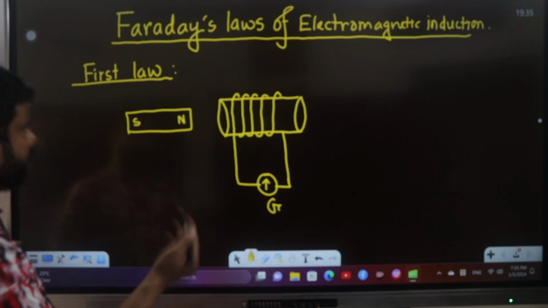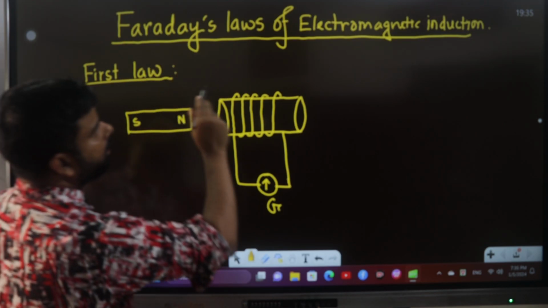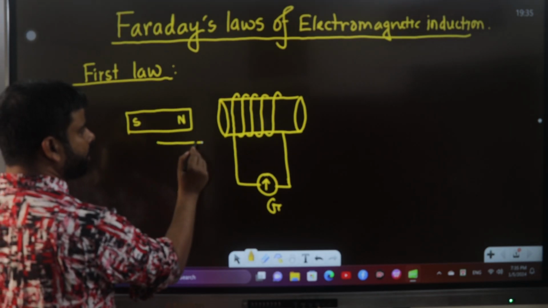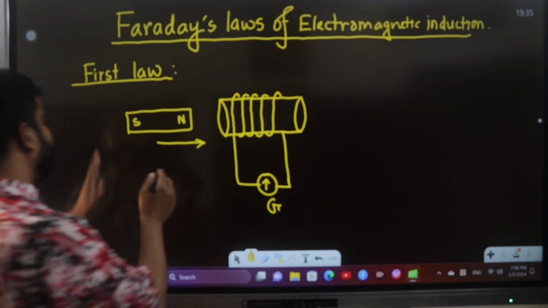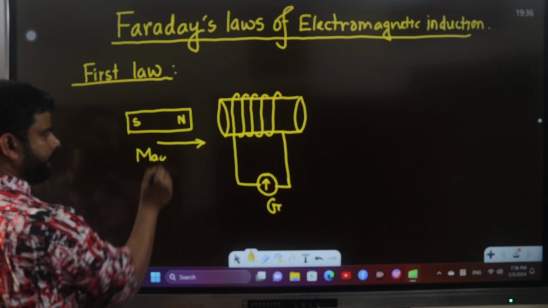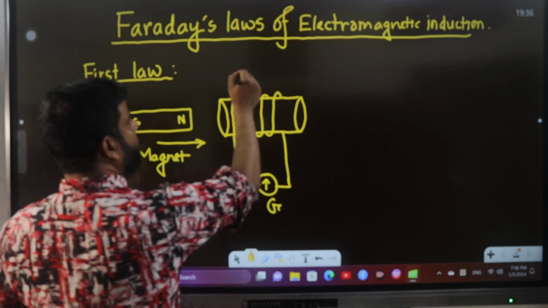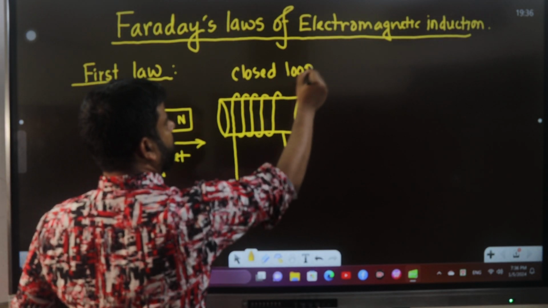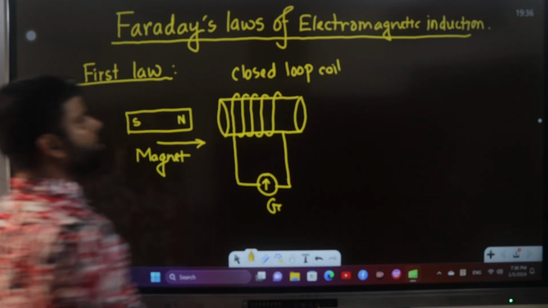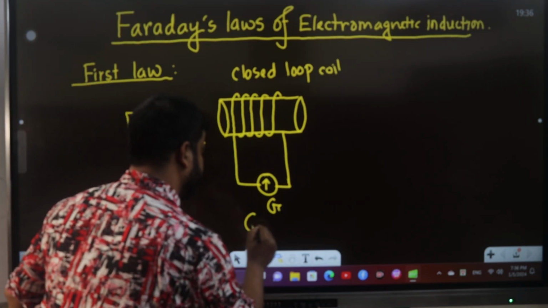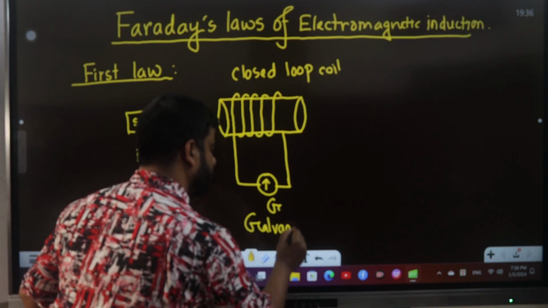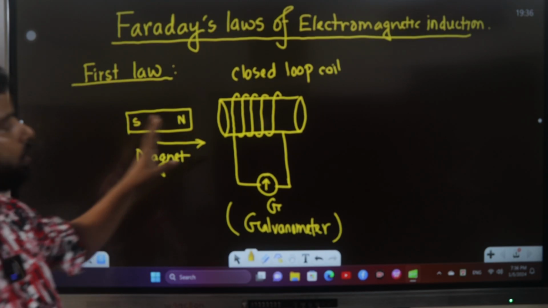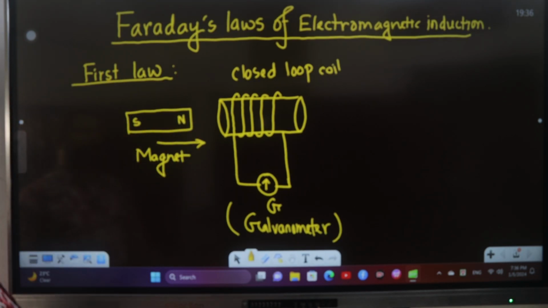So according to Faraday's electromagnetic induction law, first law, when there is a relative motion between the magnet and the closed loop coil, a galvanometer is attached to the closed loop coil. The galvanometer is used to identify the presence of induced current or voltage in the circuit.